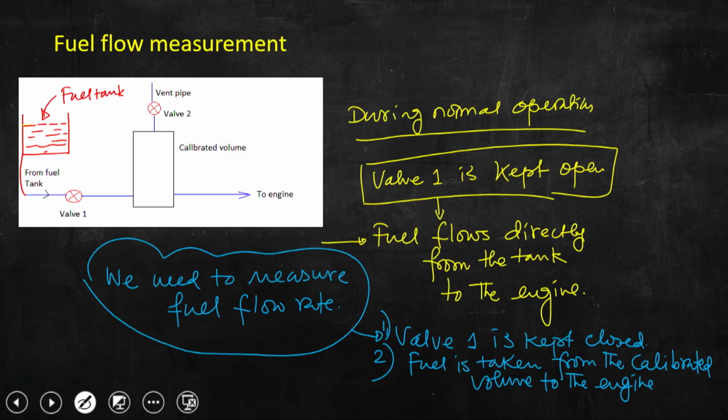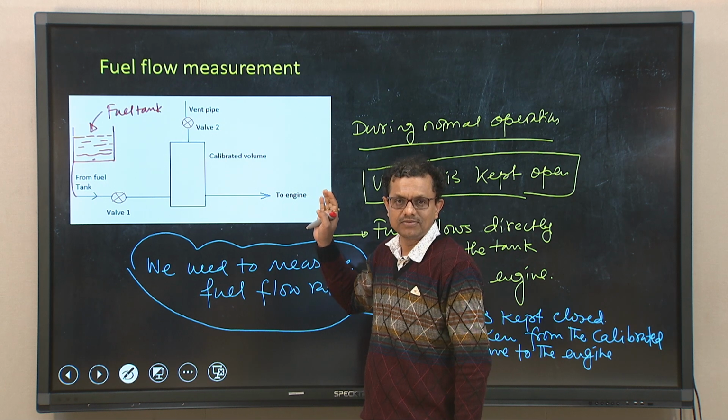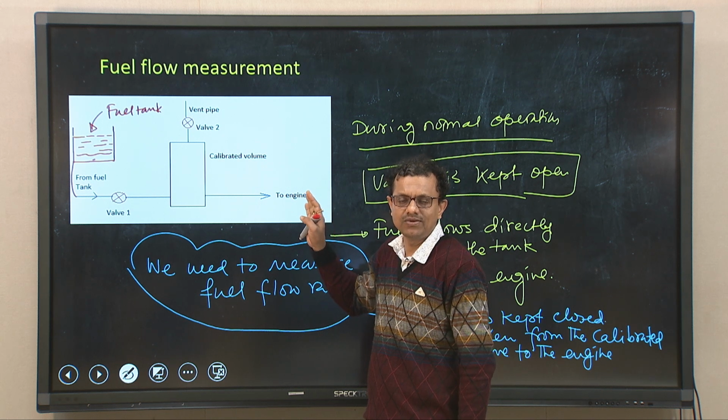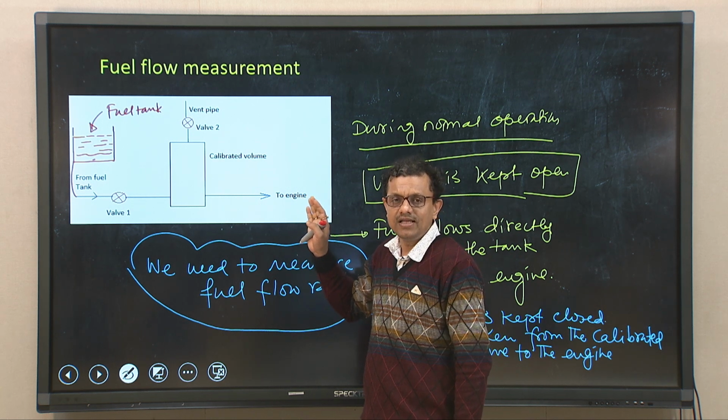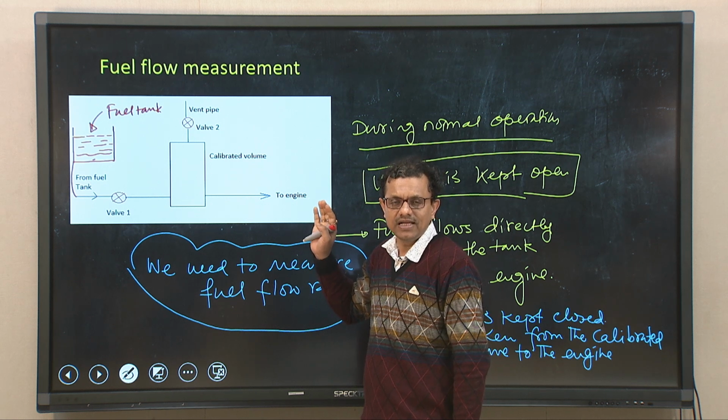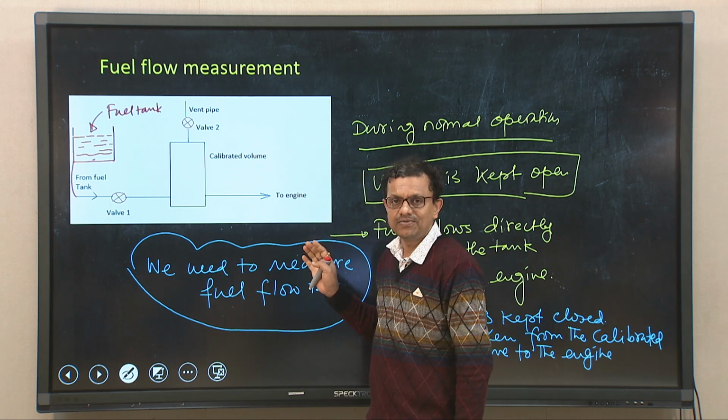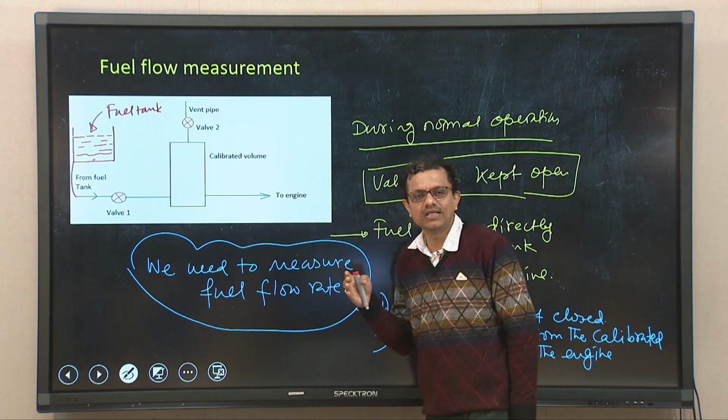Let me draw a schematic depiction that will help you understand this problem better. If we go back to the previous slide, you can see that this line is now connected to the injector of an engine, because fuel should be supplied to the engine by an injector. For CI engines we use fuel injectors.